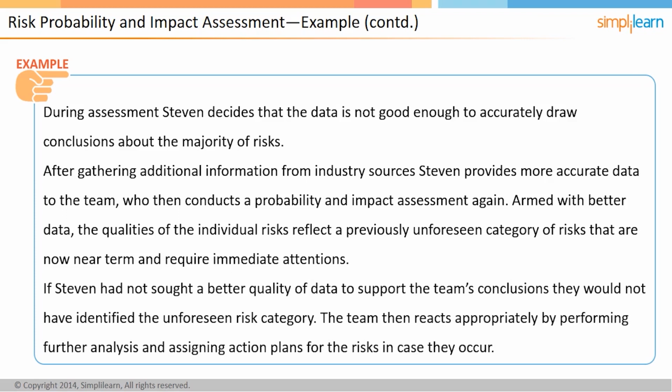If Stephen had not sought a better quality of data to support the team's conclusions, they would not have identified the unforeseen risk category. The team then reacts appropriately by performing further analysis and assigning action plans for the risks in case they occur. Let us discuss root cause analysis in the next screen.